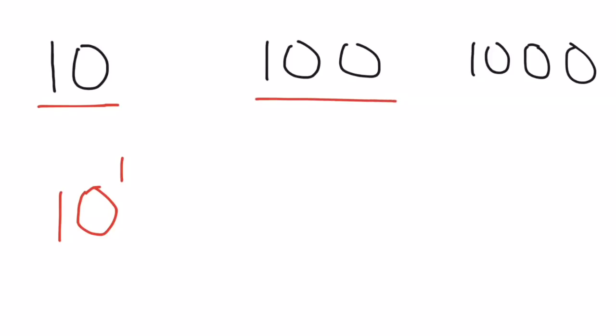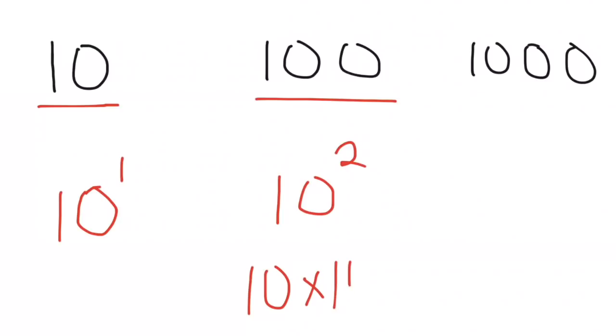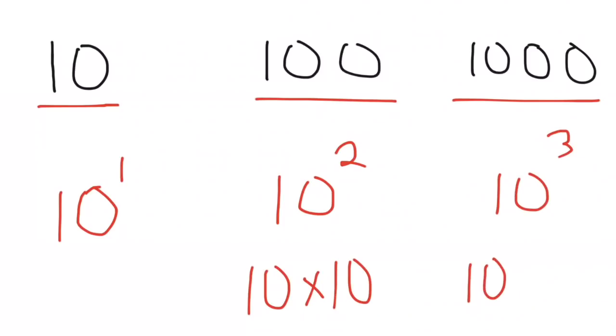Another way to write the number 100 would be 10 to the second power, because 100 is the same thing as 10 times 10. And another way to write the number 1,000 would be 10 to the third power, which is 10 times 10 times 10. This concept of exponents is also going to be important as we start to think about how we're going to write numbers in scientific notation.